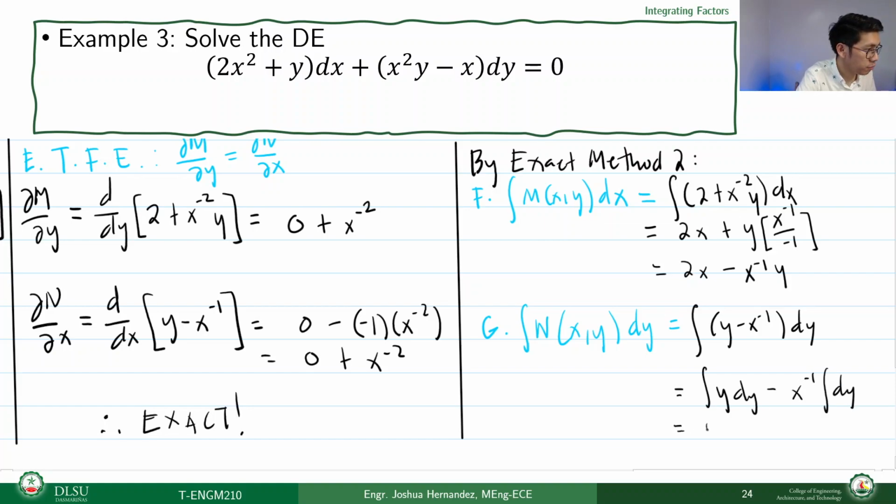So we have y squared over 2 minus x raised to negative 1 y. So we can call this equation C, and we can call this equation D.